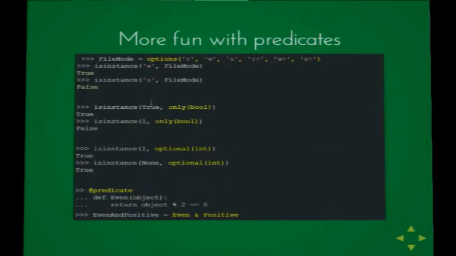And why would we do that? Because I don't know if you know, but in Python, a Boolean is a subclass of integer. And sometimes, if you want to check if something is a Boolean and you get an integer, well, isinstance is going to tell you it's true.